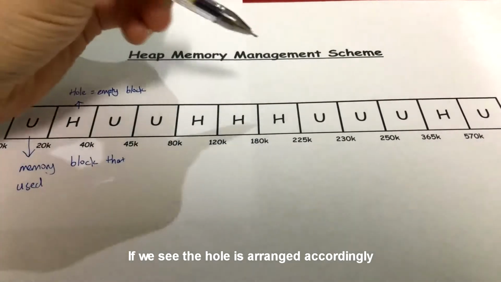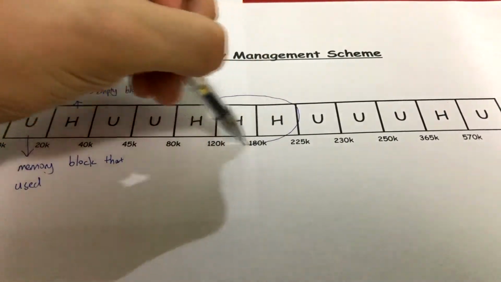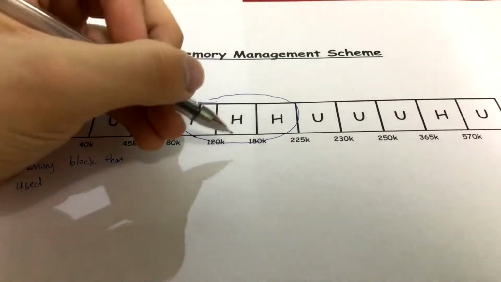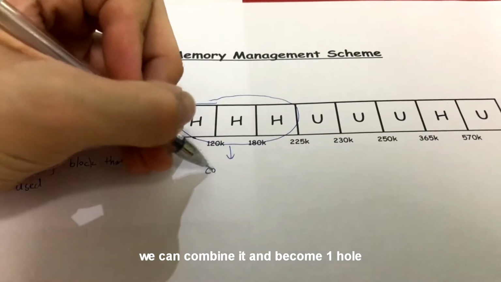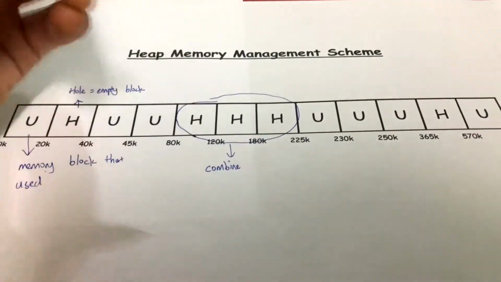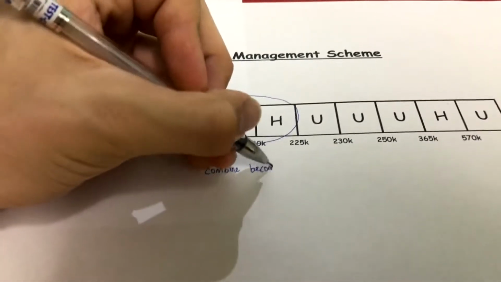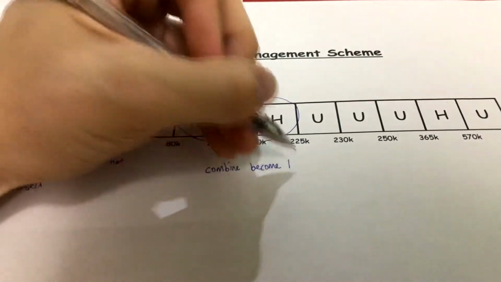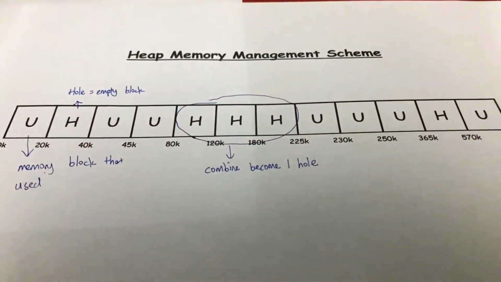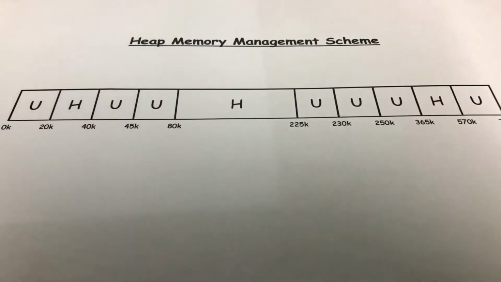If we see the holes are arranged adjacently, we can combine them and become one hole. Then it will become like this.